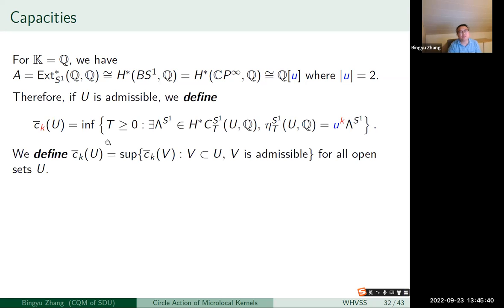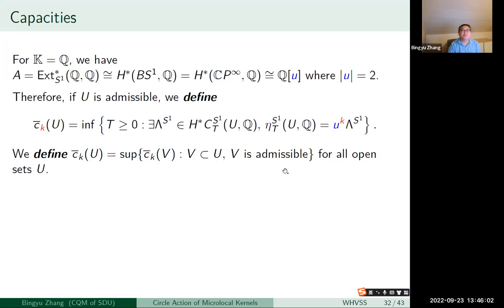And then we define a capacity Ck to be the infimum of those k such that the fundamental class could be decomposed as u to the k times some element. It's zero as in almost every S1 equivariant theory.